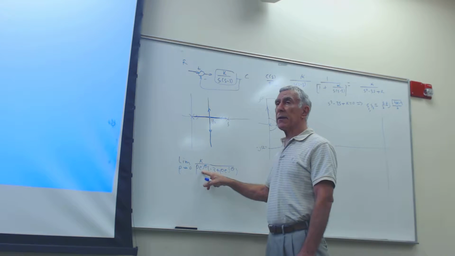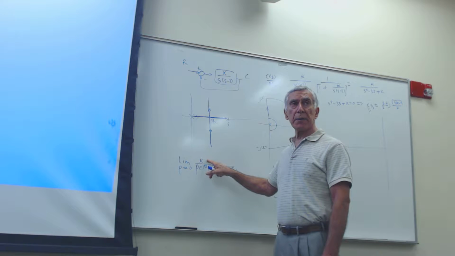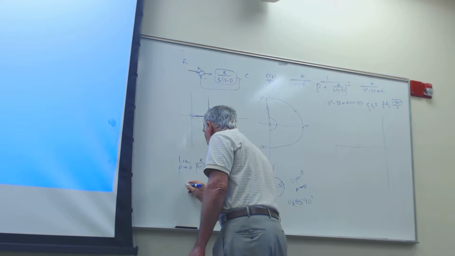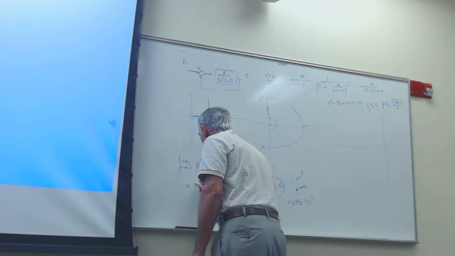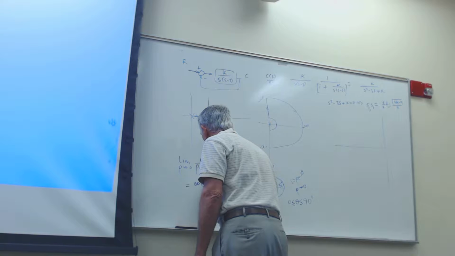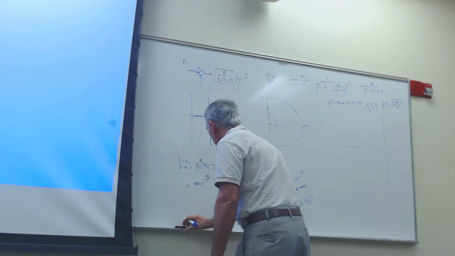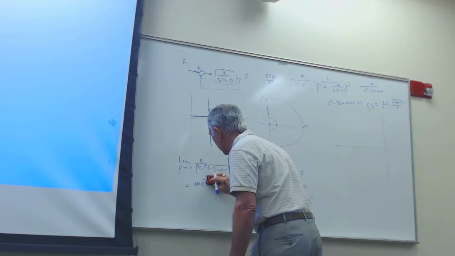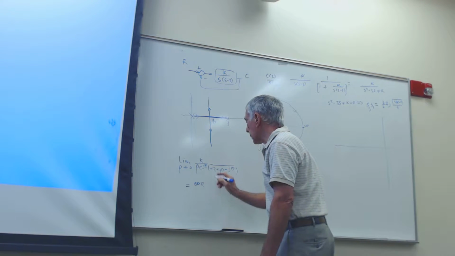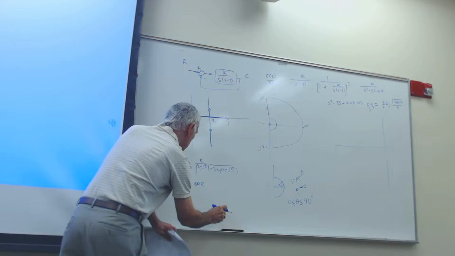And e to the j theta in the denominator is e to the minus j theta in the numerator. So this becomes infinity at e to the minus j theta. Actually, I have to take into account that minus sign, the minus 3 here.